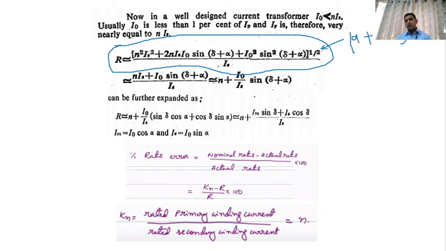Finally, we have to neglect this I0² first for the compression of our equation into (a+b) whole square.